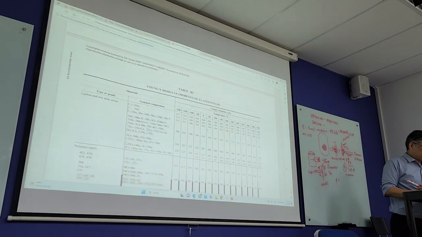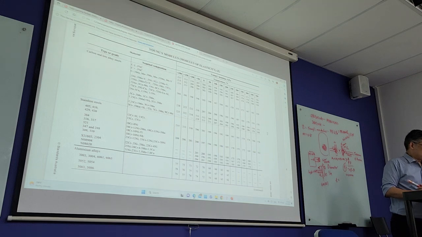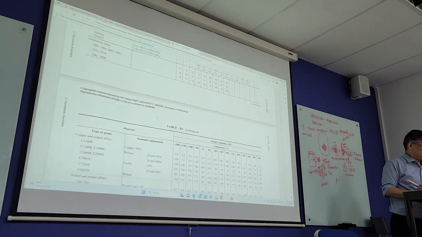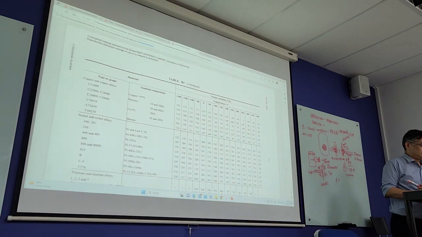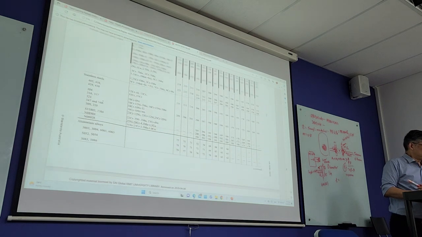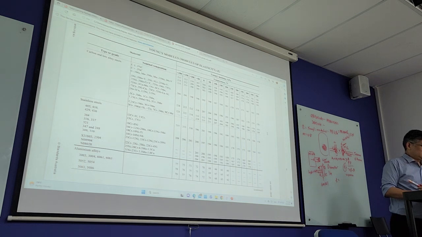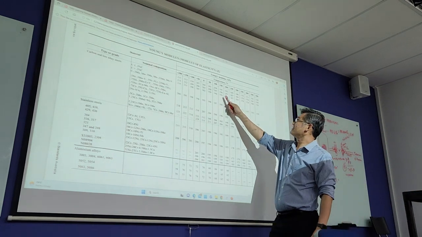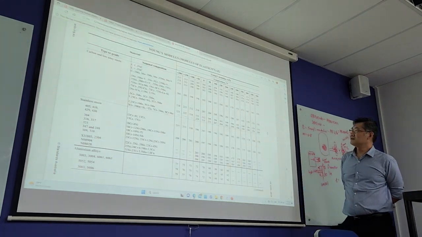So ours is 190. Titanium, copper. Over here 190, this is the value we get. Temperature, ours is 100 degrees Celsius.